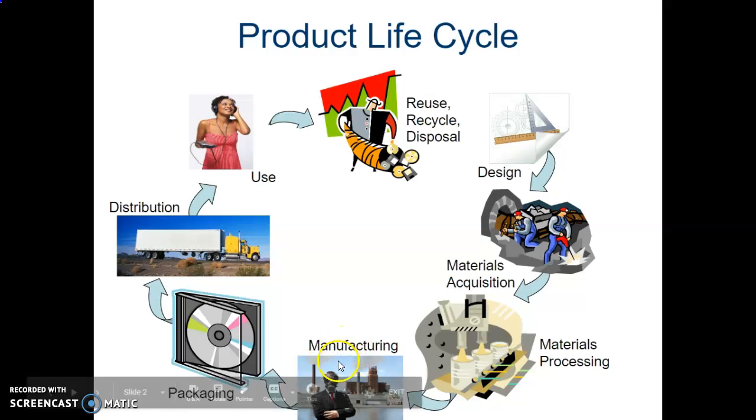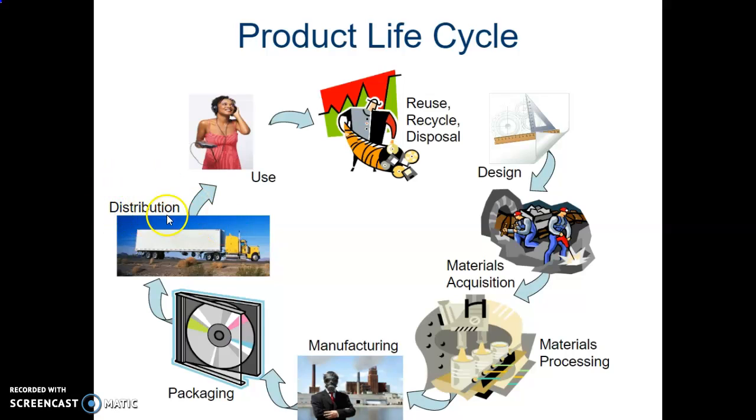That's called manufacturing. Then you're going to package that product into a package of some sort. That's called packaging. Then there's distribution. This is where it gets shipped and put into trucks, trains, planes to go to stores and final use customers.